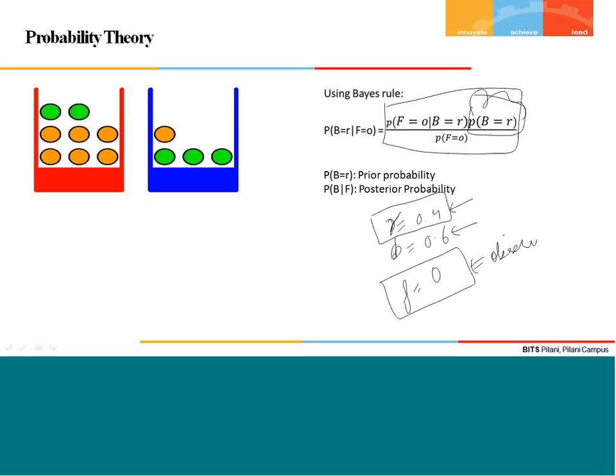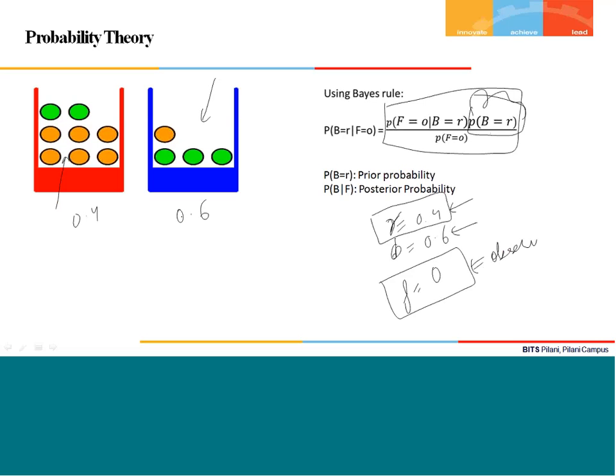I think so, because intuitively, there is a very low probability in this box of choosing an orange, but there is a very high probability of choosing an orange in the other box. Because this probability was 0.4 and this was 0.6 previously. But somebody comes and tells me that I just got an orange.